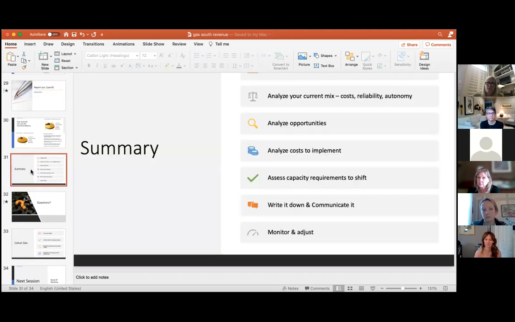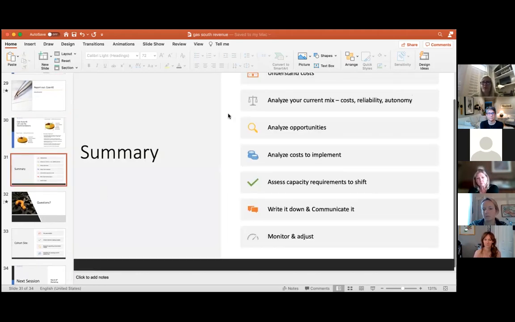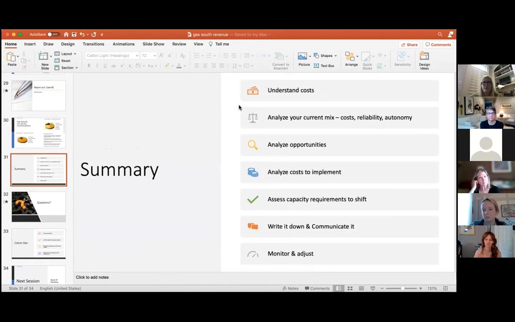So, summary for this: first it starts with understanding your cost, the delivery cost of your mission, of course, but also the cost of these revenue sources and what that means for direct and indirect costs and expansion, what it would take to get to a different level.